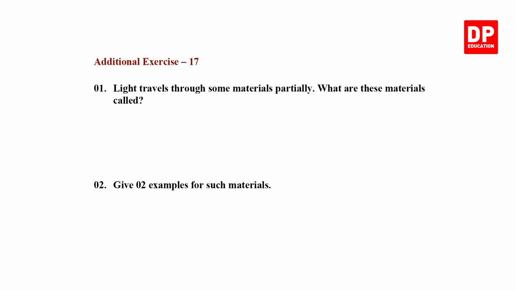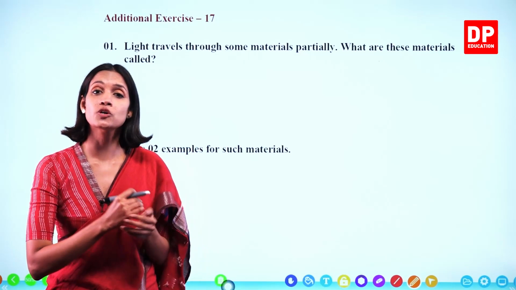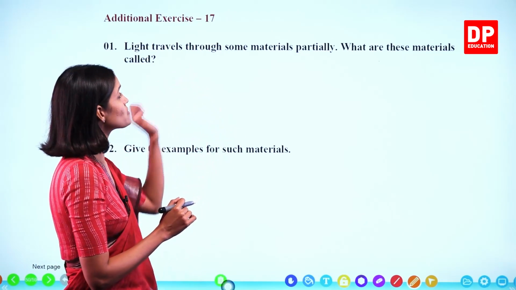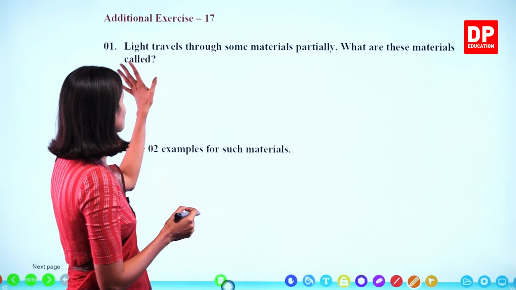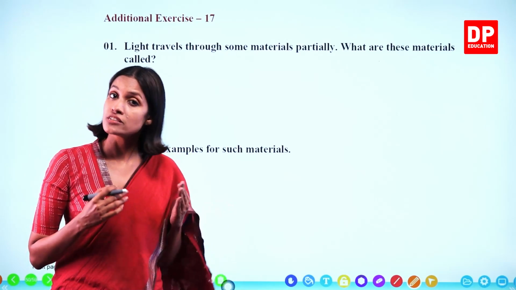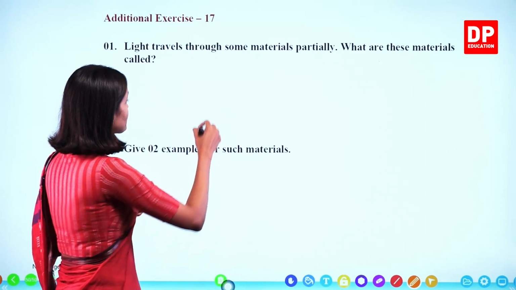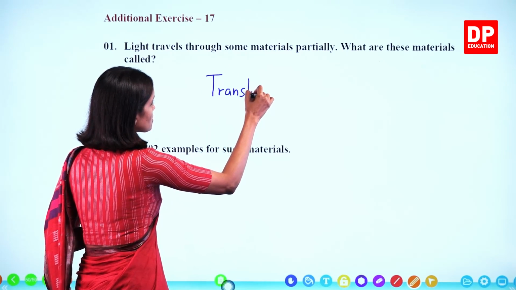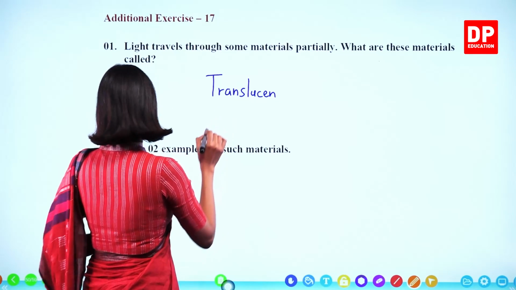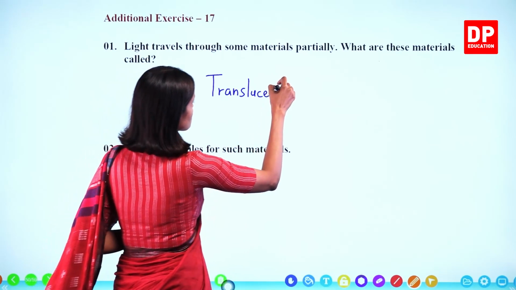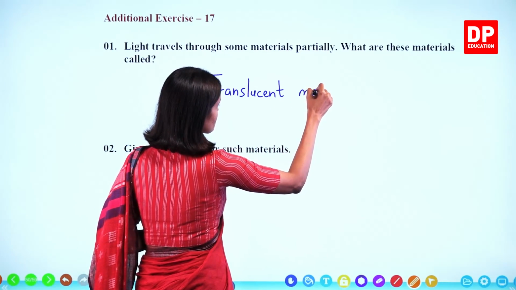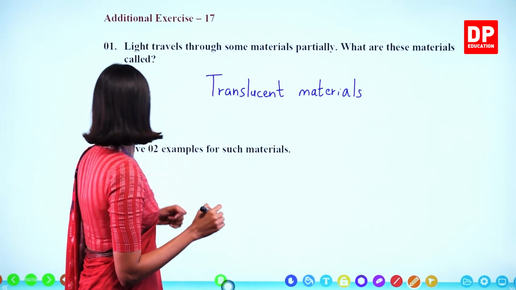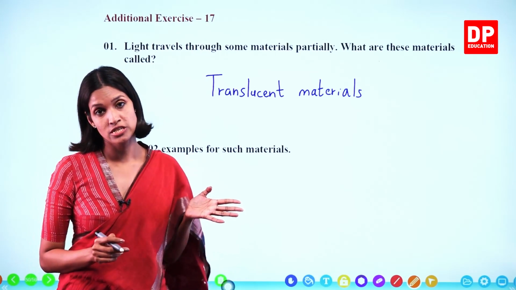Okay, the next one. Light travels through some materials partially, which means only part of the light will travel through certain materials. So what are these materials called? These are translucent materials, okay? Translucent materials. And give 2 examples for such materials.